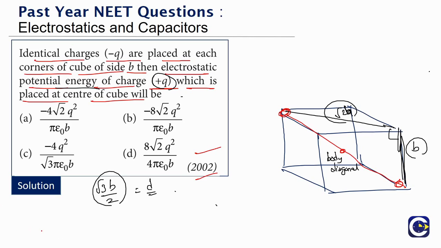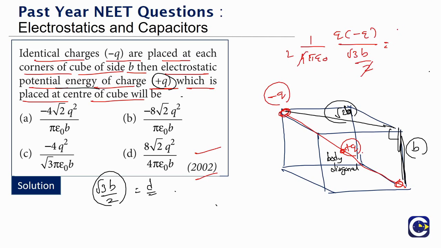So let us look at the interaction between the charge at the center and one of the corner charges. Potential energy for this will be 1 by 4 pi epsilon naught, Q into minus Q, divided by distance. Distance is root 3B by 2. So 2 ones are 2, twos are.